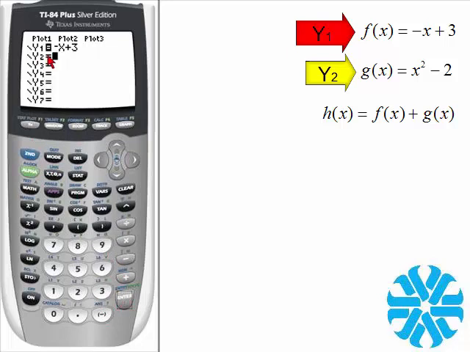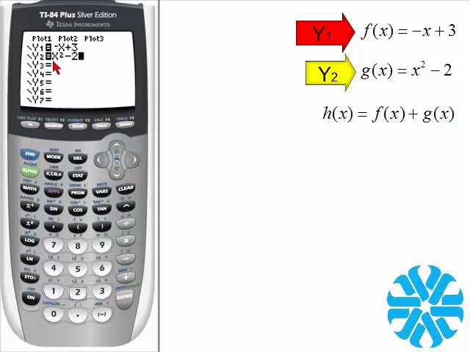That moves down to the next line, or you could use the arrow key to go down. Doesn't matter. And then the y2, remember, is representing g of x, and that is x squared subtract 2.